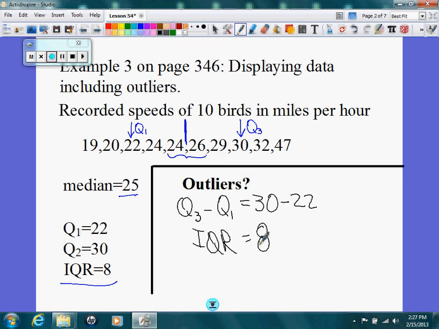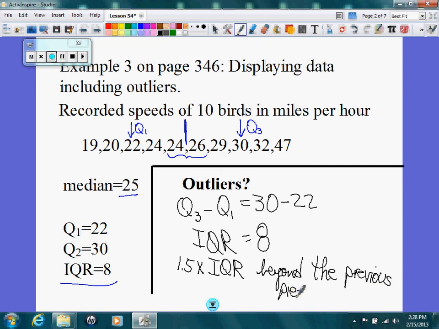An outlier is defined as being 1.5 times the interquartile range beyond the previous pieces of data. So the outliers would either be here or here.